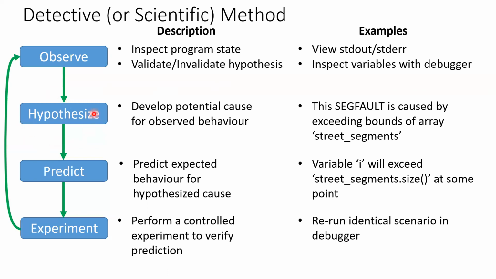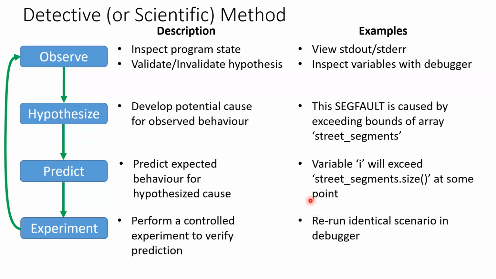Then you form a hypothesis of where you think the bug originated from. When you develop a hypothesis, you predict what will happen if your hypothesis is true, like the variable will exceed the size of a vector at some point.